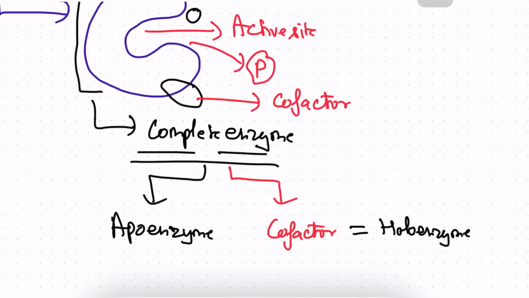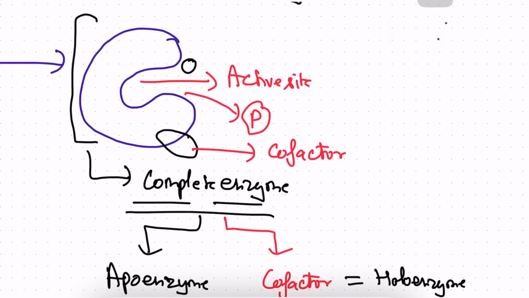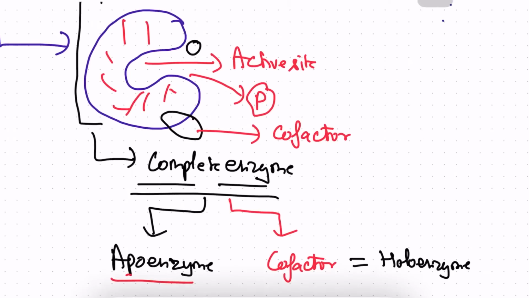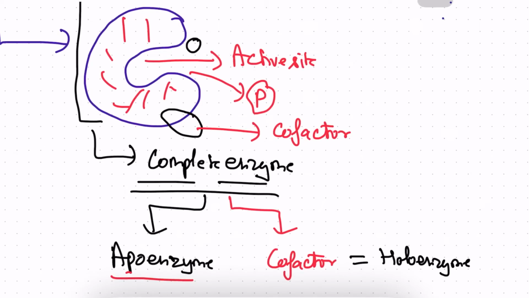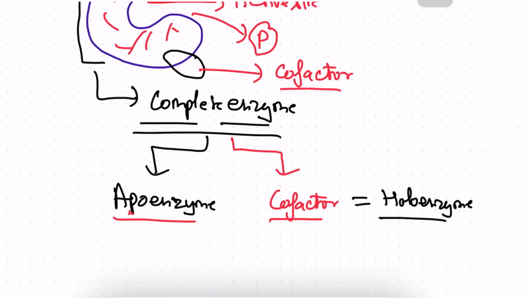Now try to see here that within the enzyme we are going to have this part, which is known as apoenzyme, and this additional factor is known as cofactor. Apoenzyme plus cofactor makes the complete enzyme, known as holoenzyme. So hopefully it is clear to you what is holoenzyme. Now you can say that holoenzyme minus cofactor is the apoenzyme.